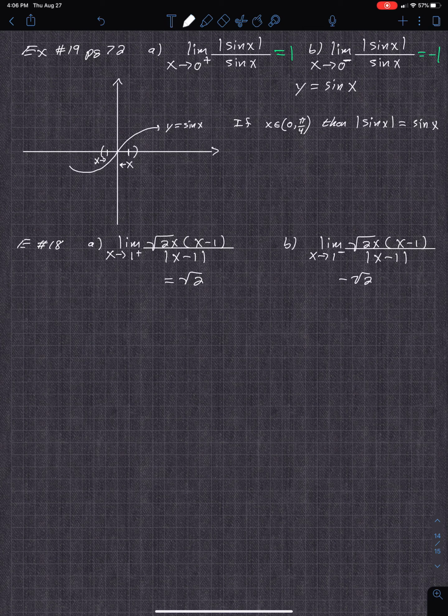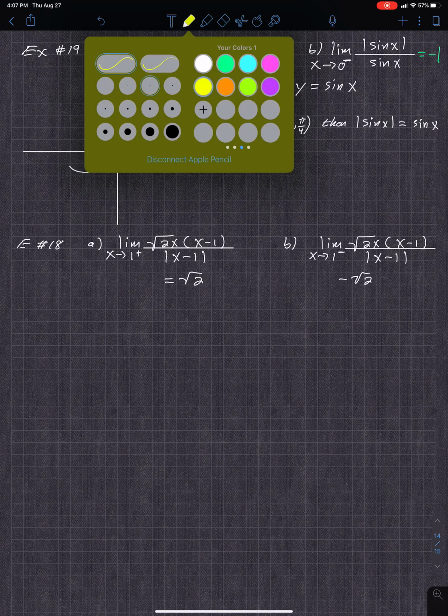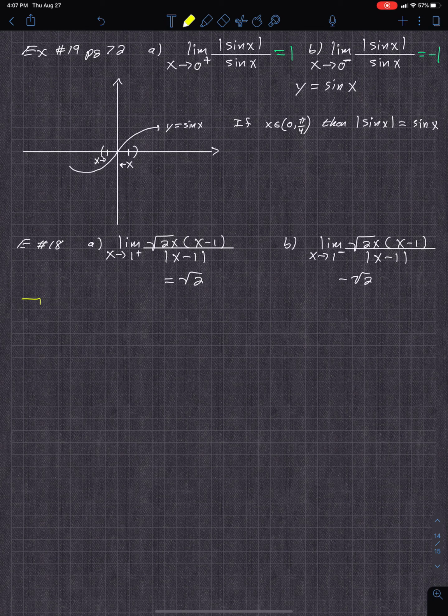Okay, moving on. This next one takes a little bit of work. I might have posted already, or I'll send you some information about it. This is a case that comes up a lot.